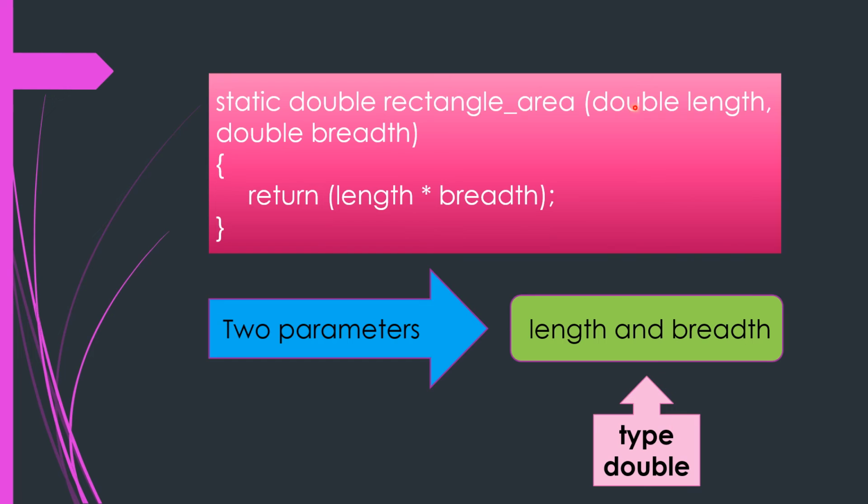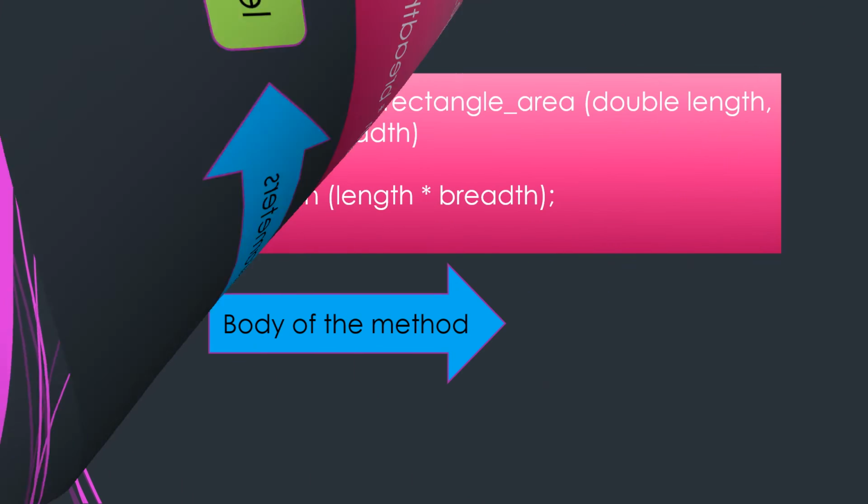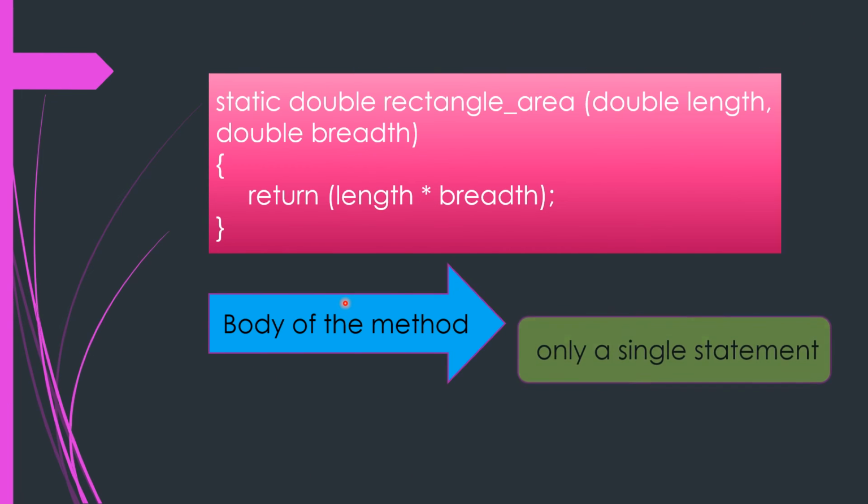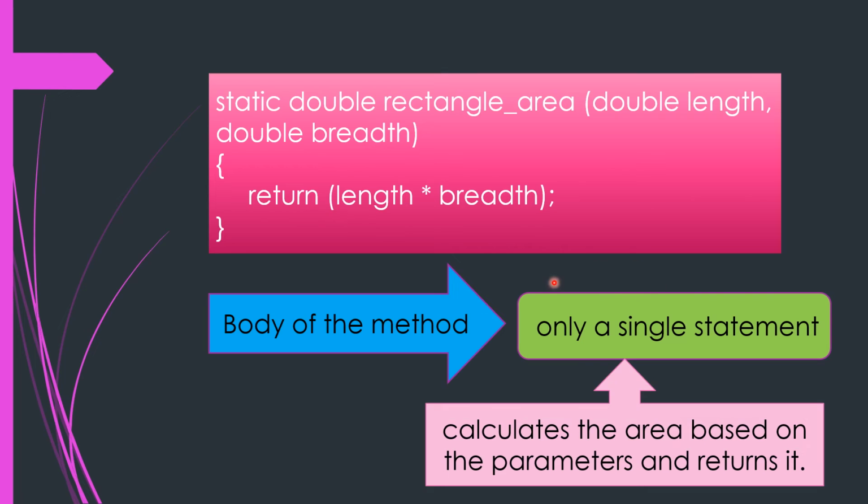You can see here there are two parameters, length and breadth, and both of them have the data type double and they are separated by comma. After it we have the body of the method in which we only have a single statement. Here the statement is return length multiply breadth, which calculates the area based on the parameters and returns it.